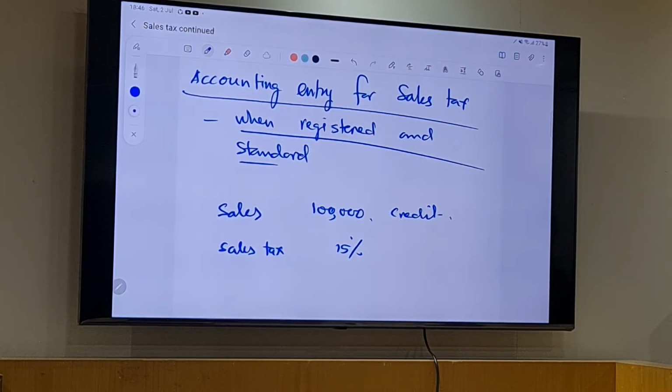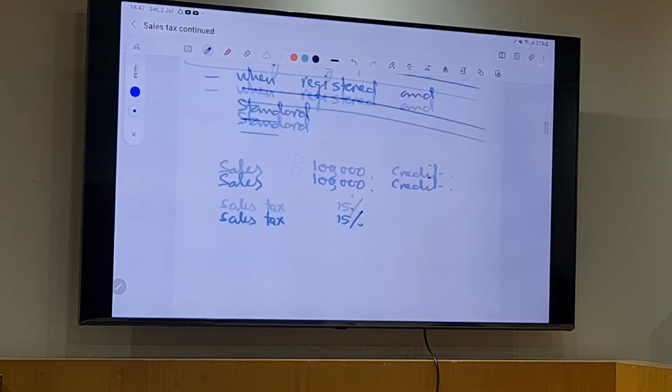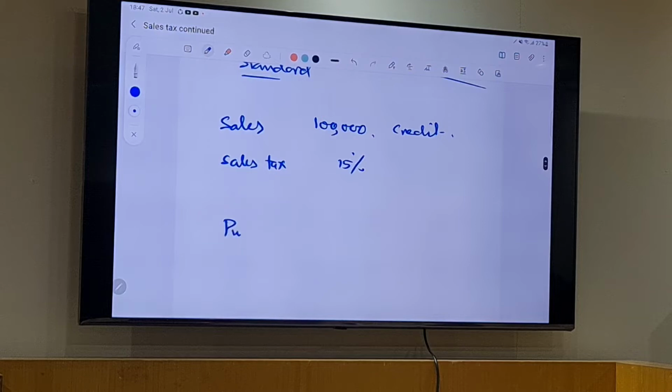Credit sales 100,000, sales tax 15%. And our purchases 60,000. Again, that's also credit. Sales tax. Now we will try to understand how to incorporate this into a ledger or through double entry.